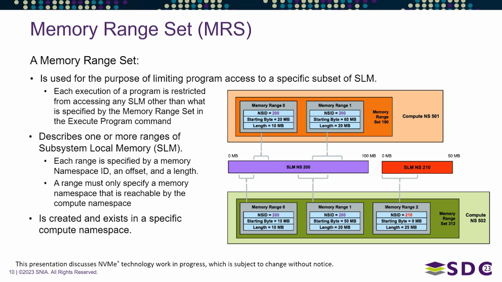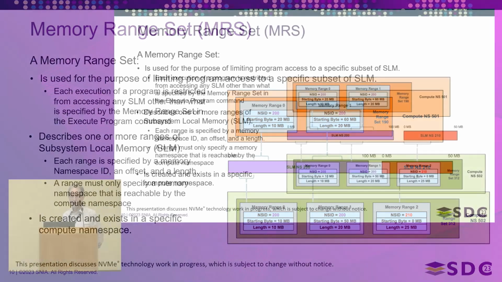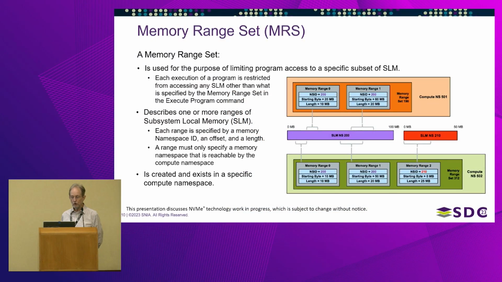The purpose is that if you are going to execute a program in compute namespace 501, and you want to put your output data in a place that can then be used for an execute program going to compute namespace 502, you'd like the two of those to point to the same area of subsystem local memory.